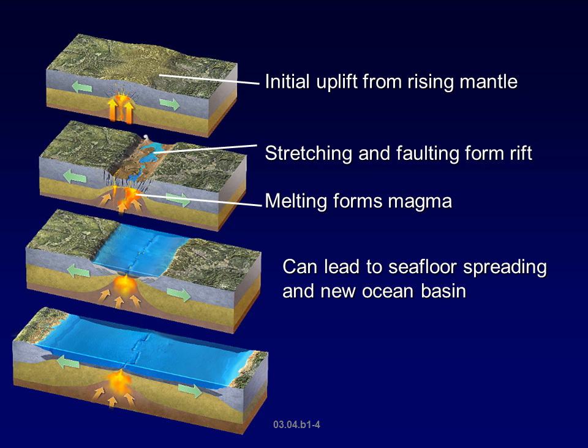So we've had a switch from continental rifting, where the continent is just breaking apart and we're still dealing with all continental crust, to seafloor spreading and a new ocean basin. We've switched to oceanic crust because the mantle has a very similar composition as the oceanic crust. And now finally, the last image, the ocean widens as spreading continues.